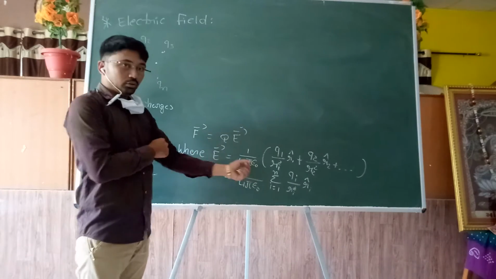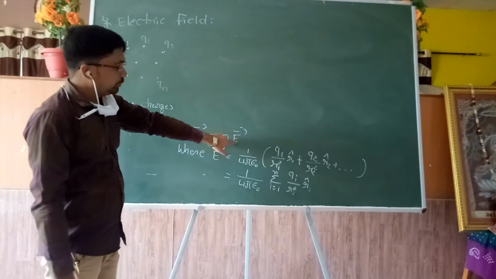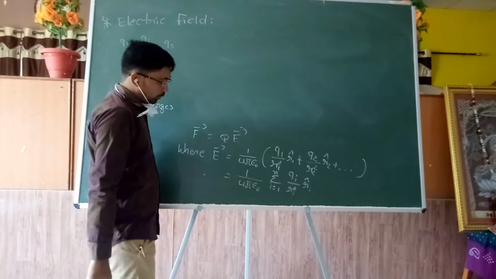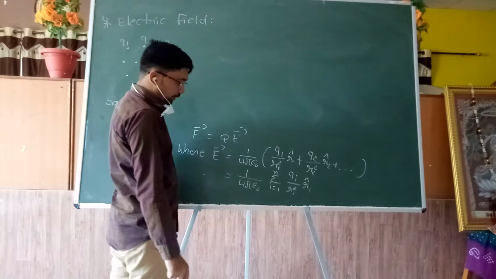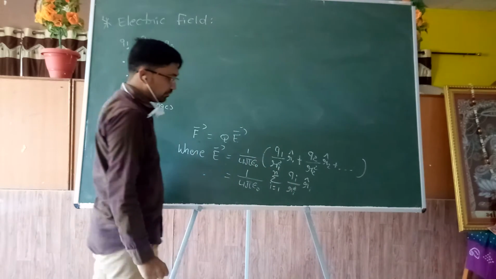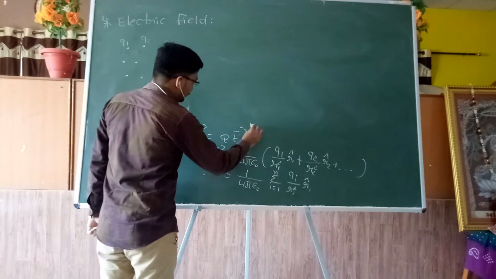Okay. So the force is equal to test charge q into electric field, and electric field is equal to 1 upon 4 pi epsilon 0, summation i is equal to 1 to n, qi upon ri square into ri cap.